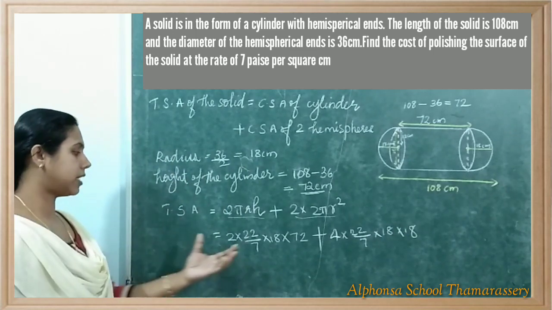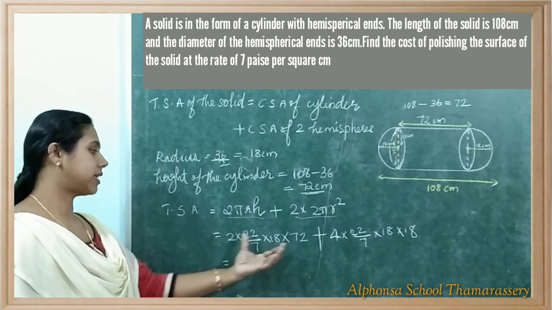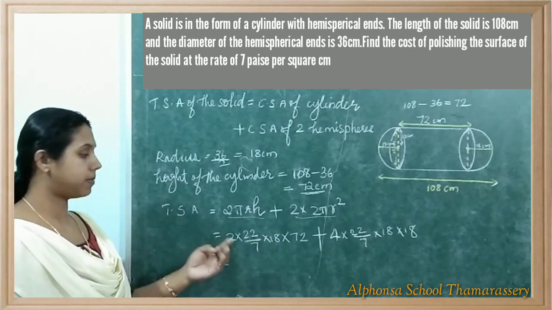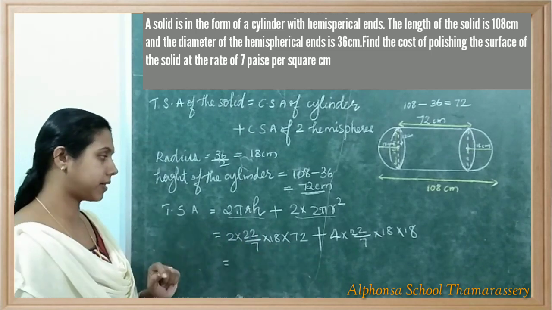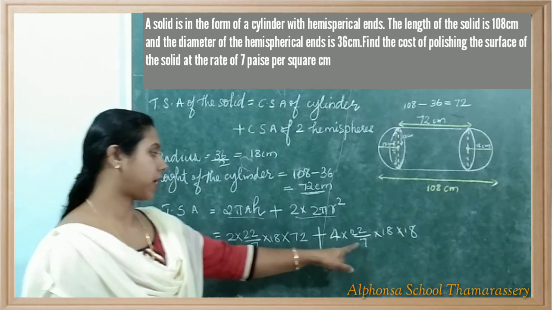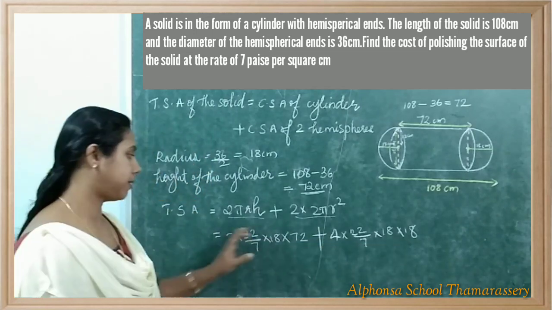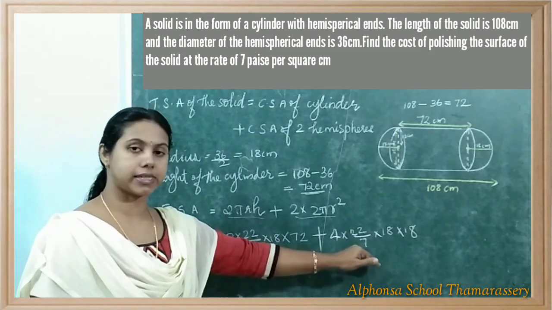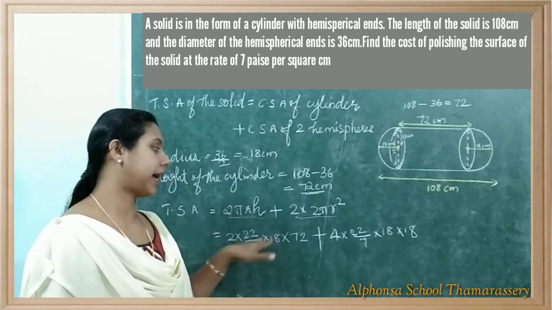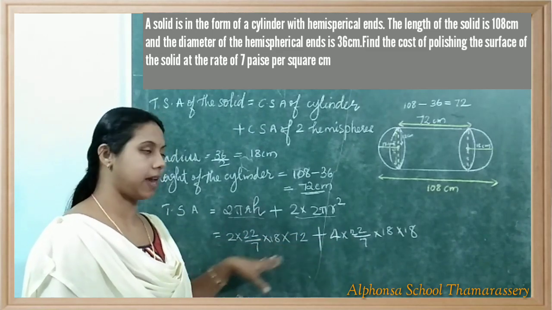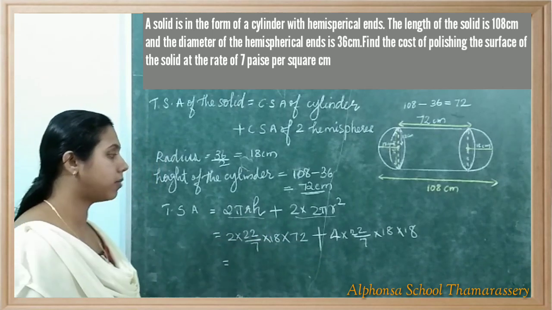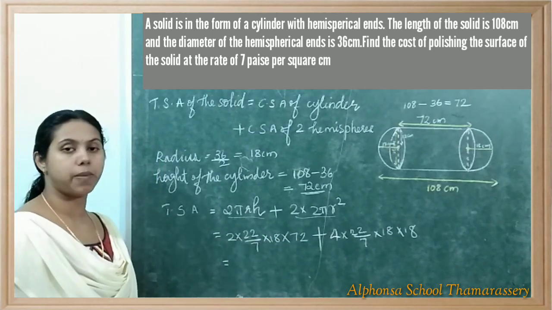So when you multiply these, if there is any common factor you can cancel it, but here there are no common factors. So multiply, you will get the denominator as 7, then multiply the product and add it. Both have the same denominator, so you can add the numerators and keep the denominator as it is.